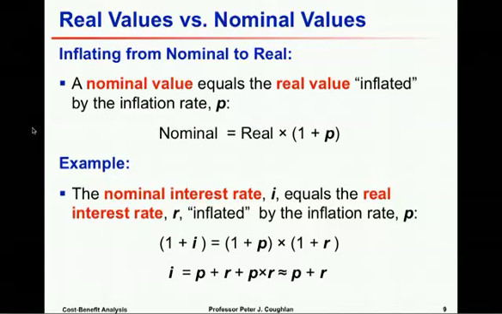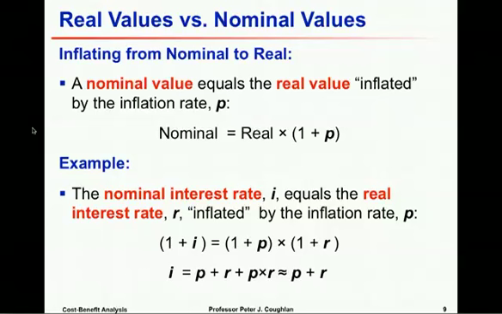Now, to approximate that, if you multiply that out and do the algebra, you would get I equals P plus R plus P times R. But P times R is generally going to be something very small. If inflation is on the order of 3, 4, 5%, the real interest rate is likely to be something on the order of maybe 3%, 4%, up to 10%.